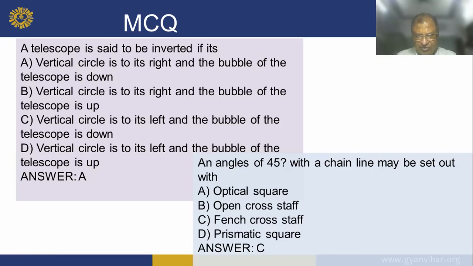Now, next question: an angle of 45 degrees can be laid out with... Now, the correct answer is C, French cross staff.